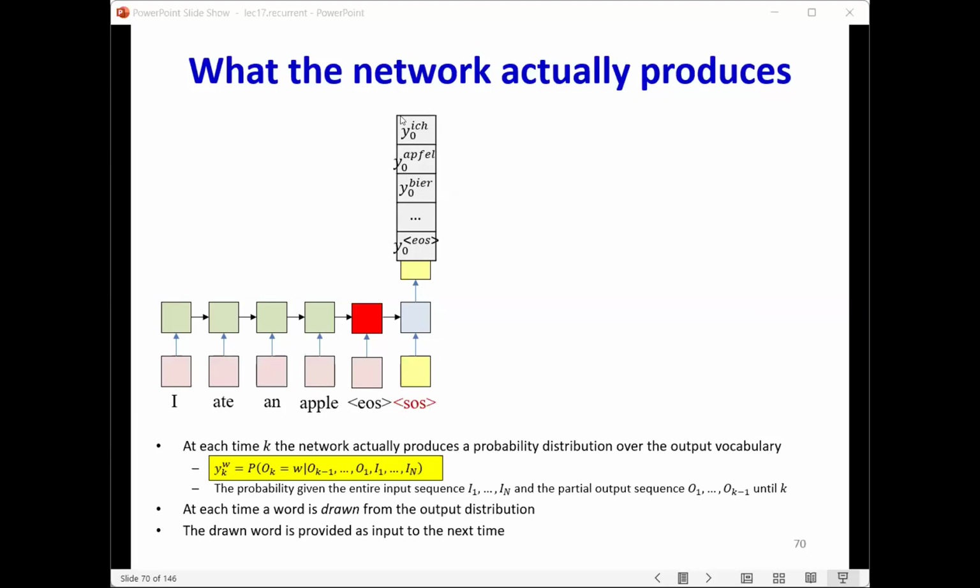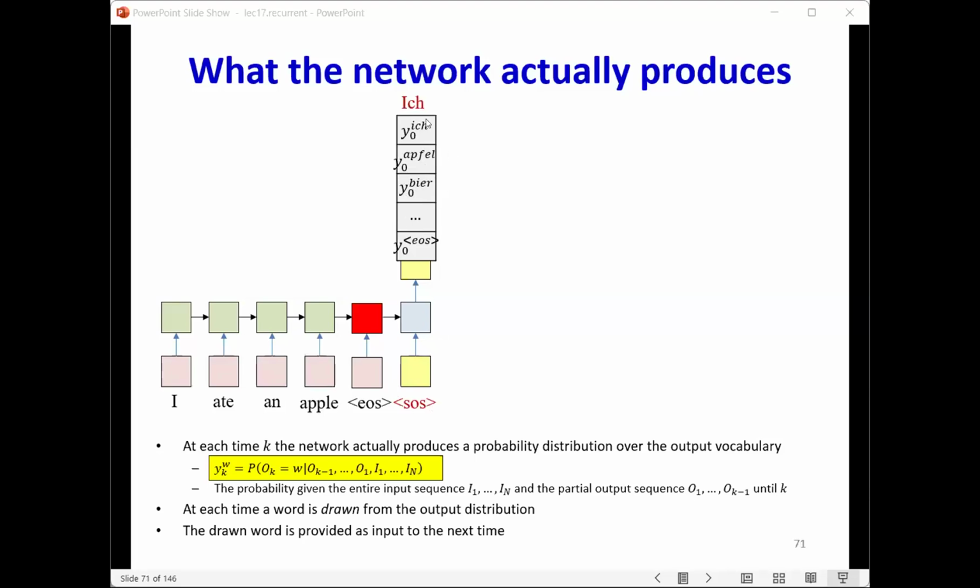Okay, so the symbols over here, Y0 superscript word, is the probability of that word. For example, Y0 beer is the probability of beer given that the input was the sequence and that a start of sequence marker has been initiated.